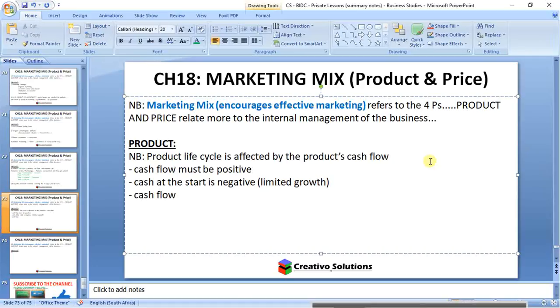Cash flow during growth and maturity is positive. And then cash flow during decline could be negative. Not necessarily, but possibly.